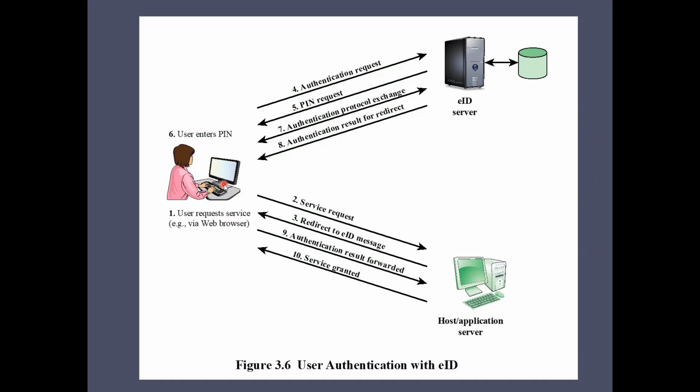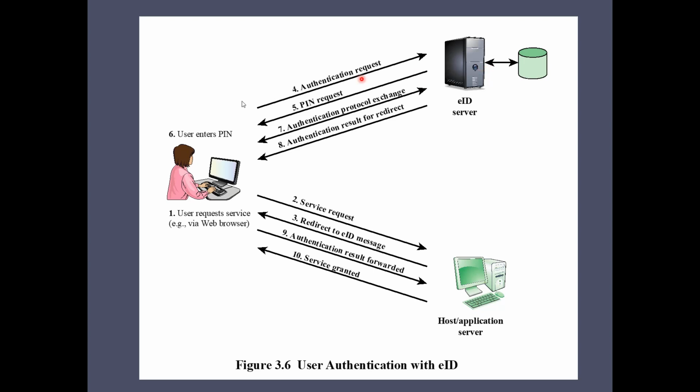This is how it works. If you are interested to know how, you need to review this. But generally, a user requests a service via web browser, for example, the service will be requested from the host server or application server, redirected to the EID message. The authentication request will go to the EID server in the government, for example.